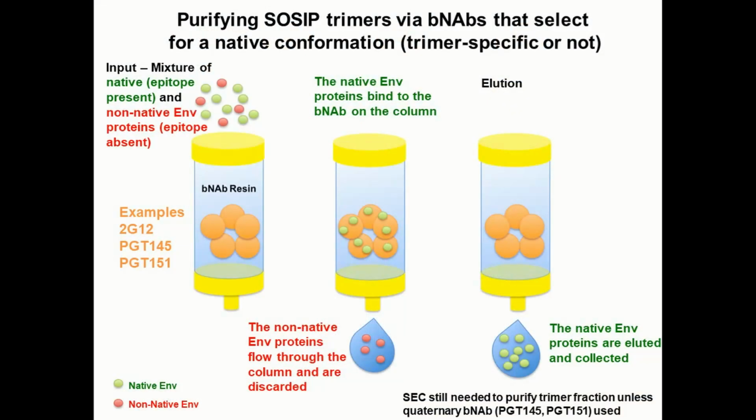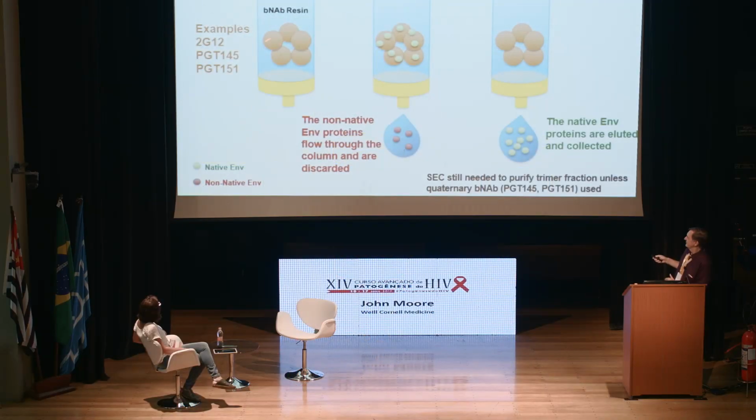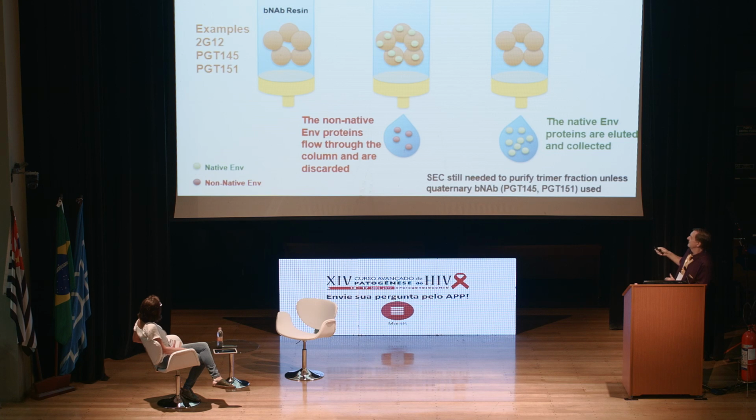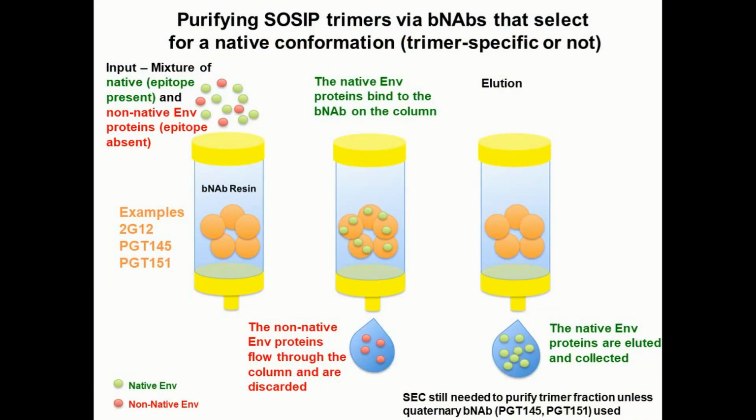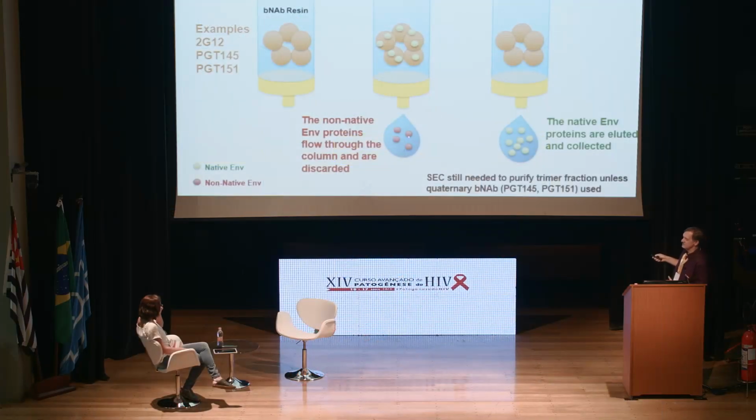It's also important to purify these trimers correctly. One of the steps that we developed in our lab, which helped us make these trimers, was to use antibody affinity columns. We can make monoclonal neutralizing antibodies, make an affinity column, and then put a mixture of proteins down it and elute only the ones that bind the monoclonal antibodies. So we enrich for the species that we want.